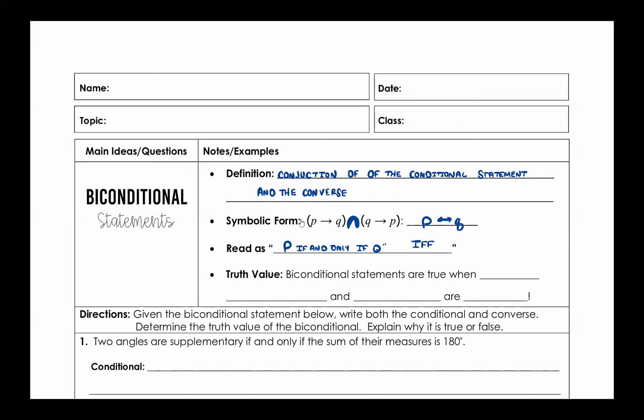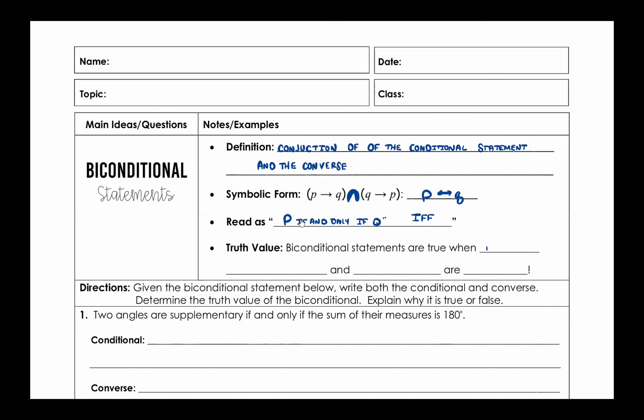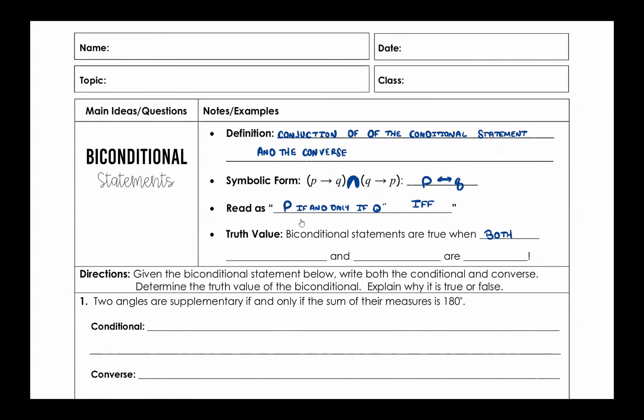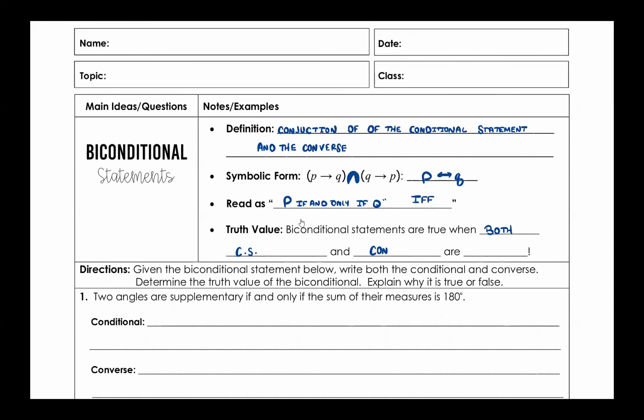Biconditionals are true when both the converse and conditional are true. Both our conditional statement and its converse are both true. So you cannot have a biconditional statement with one of those being false.